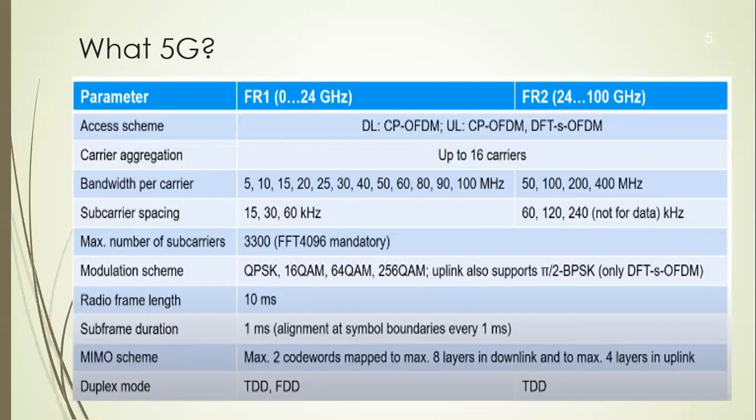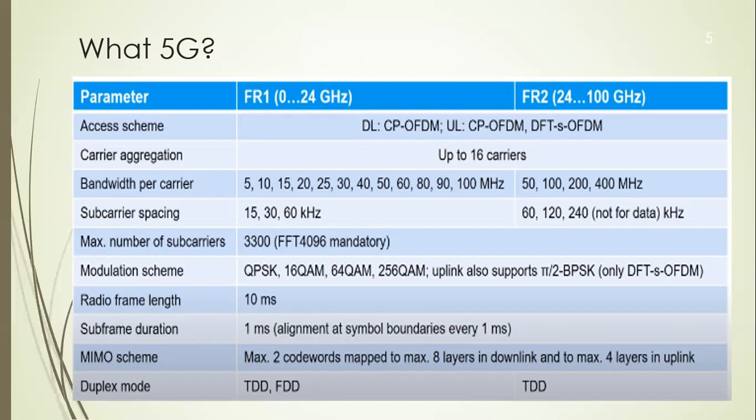Coming to the technical parts of the KPIs, these are some technical details of 5G technology. What kind of access scheme are we using? We are using CP-OFDM in the downlink and uplink, and DFT-s-OFDM. Carrier aggregation: up to 16 carriers we can aggregate.